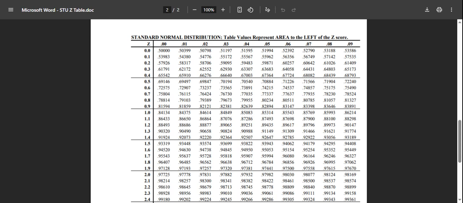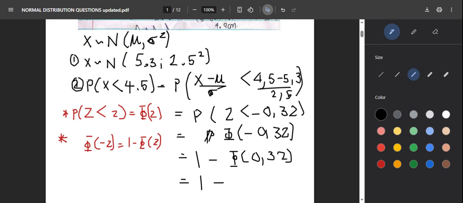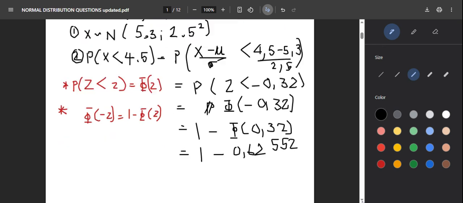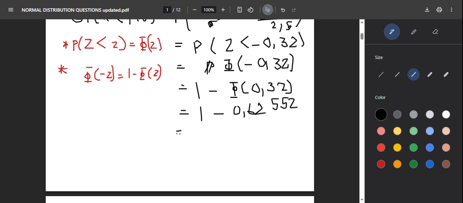So now you say 1 minus 0.62552, this gives you 0.374. I've just automatically rounded it off to 3 significant figures.